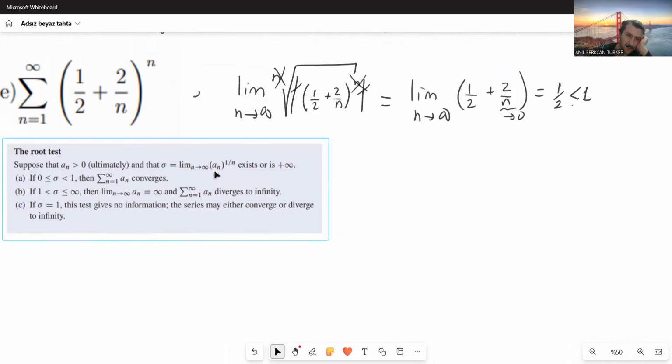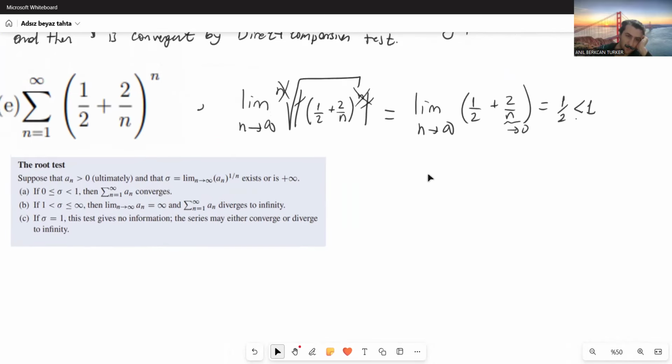You take the nth root of the general term. If this limit is strictly less than 1, equal to 0 or between them, this is convergent. Okay? In this case, it is. So it is convergent by root test.